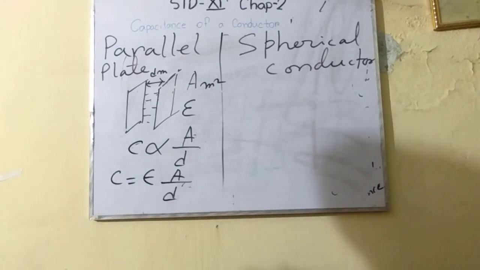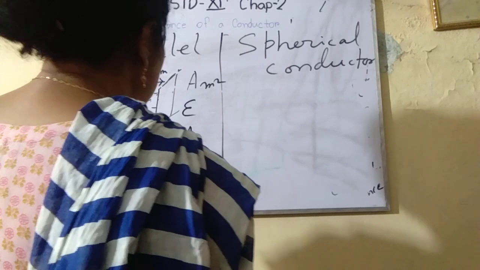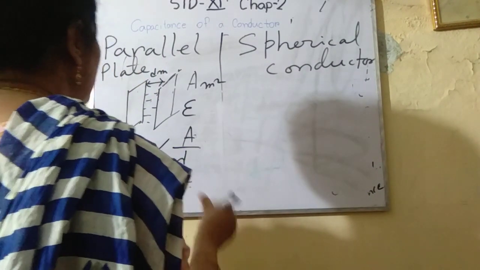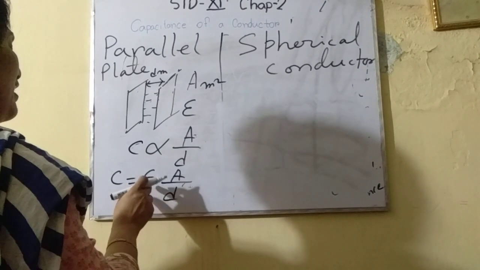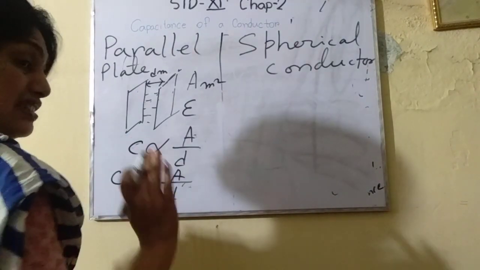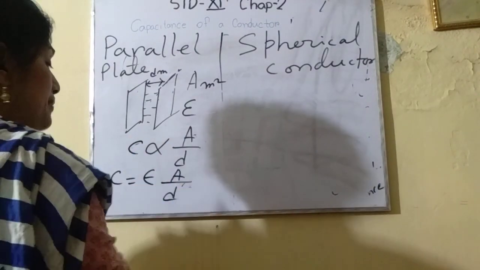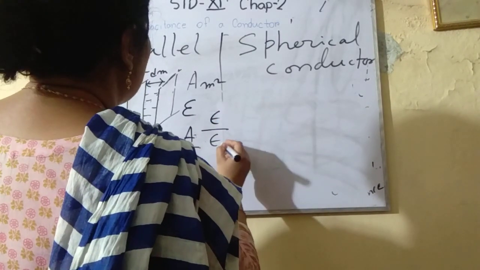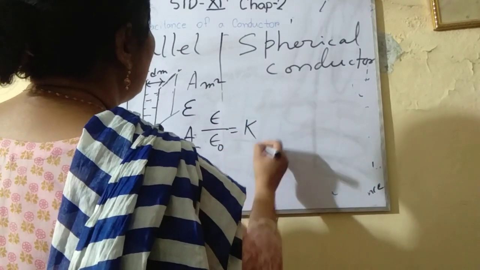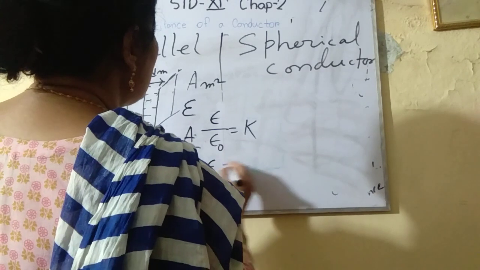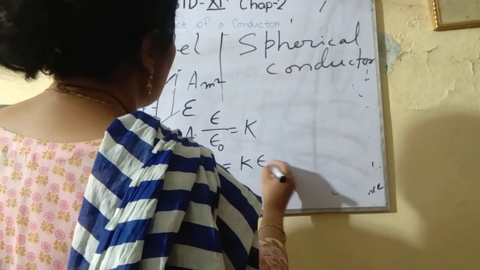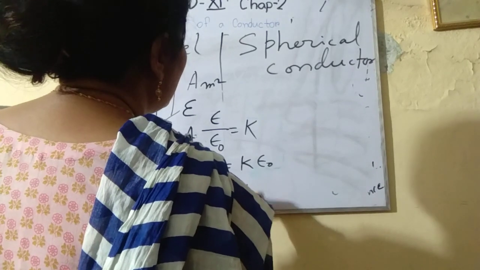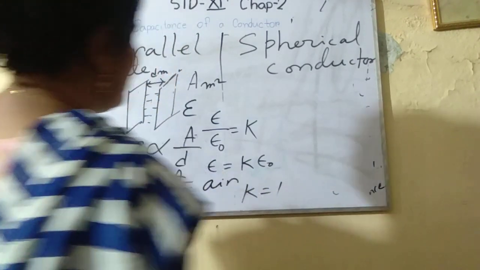You know one relation from my previous lecture: in any medium we can write epsilon, but if the medium is vacuum, then it will be epsilon naught. You know, epsilon by epsilon naught equal to what? K. So epsilon equal to K epsilon naught. And in air, K equal to 1.